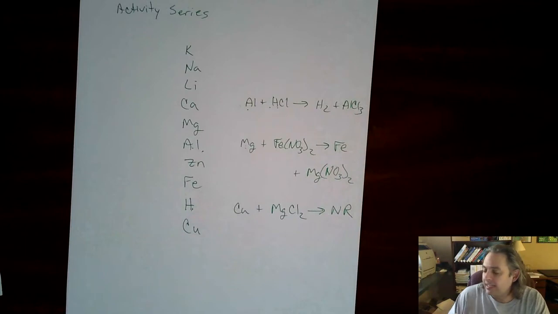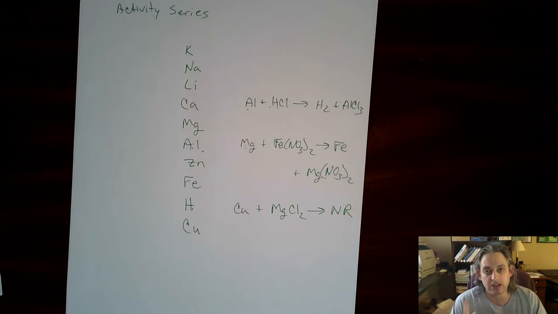Now, one thing that all these reactions have in common, the combustion reaction, combination, decomposition, single replacement reaction, all of these reactions are what we call reduction-oxidation, or oxidation-reduction reactions. And what that means is that there is electron transfer happening. Whenever these reactions are occurring, there are electrons moving from one element to another element.